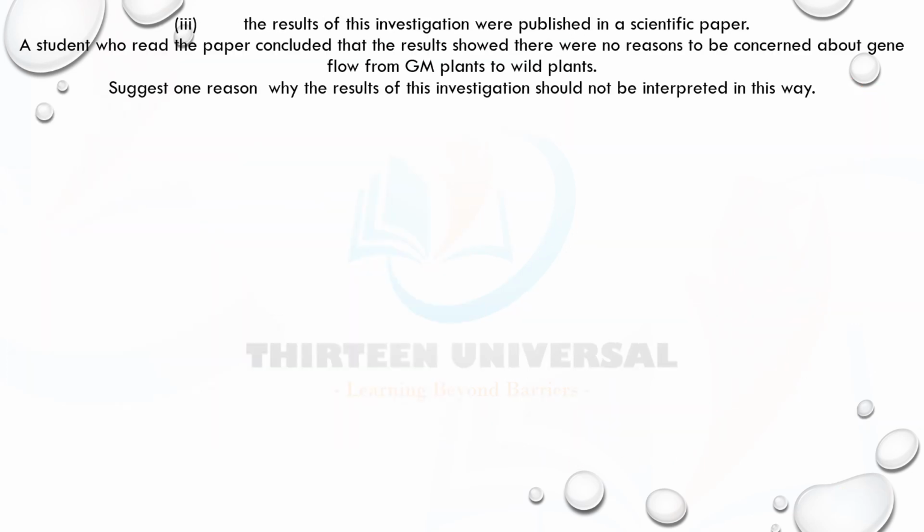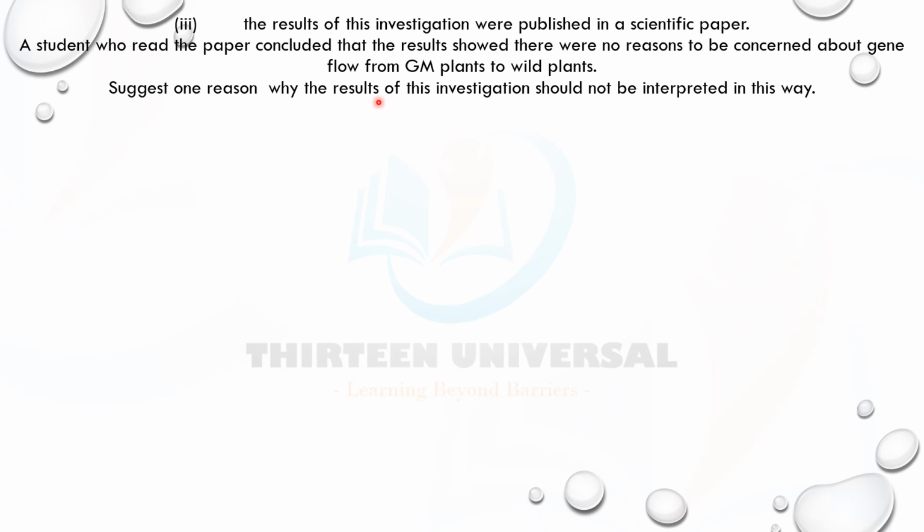Last question there. The results of this investigation were published in a scientific paper. A student who read the paper concluded, the student must be studious, that the results showed there were no reasons to be concerned about gene flow from GM plant to weedy plant.